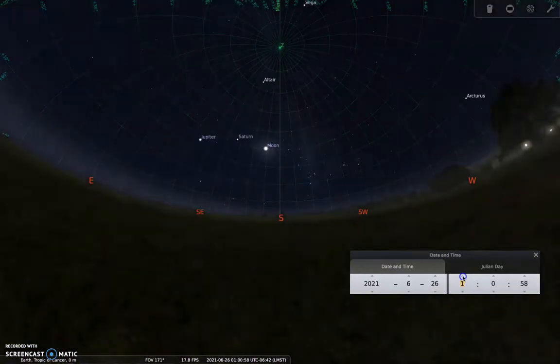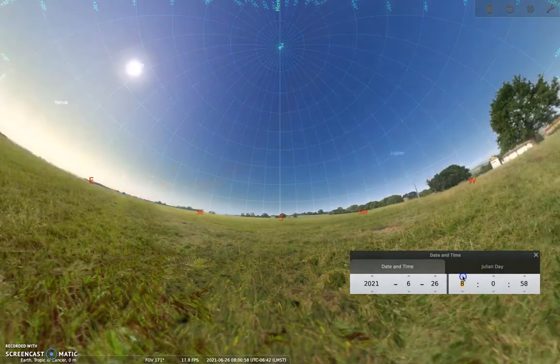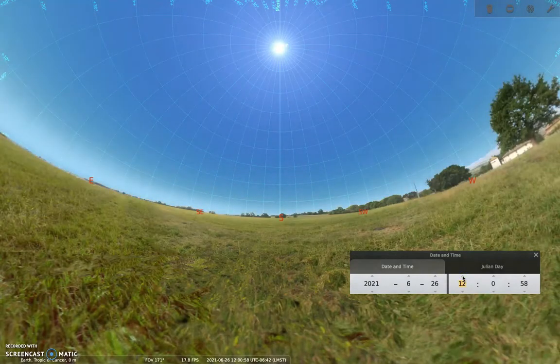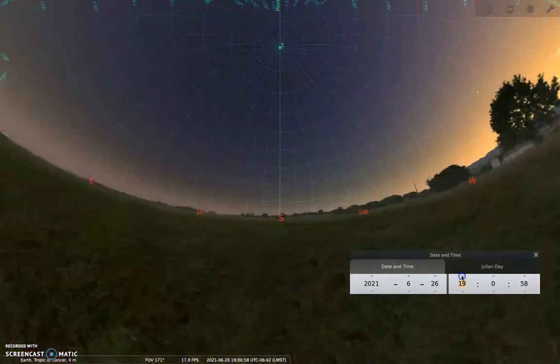See it one more time. It should arc higher than what it did in March. Remember, March it rose due east, came to about this altitude, and set due west. Interesting. So let's go past sunset.